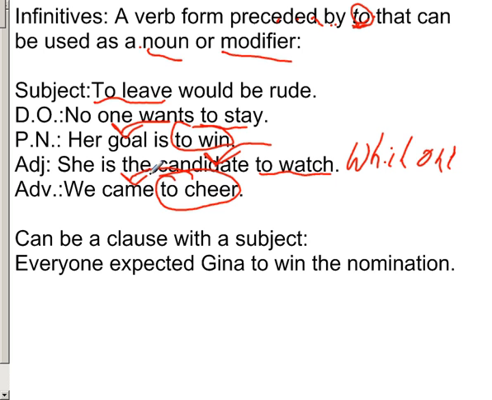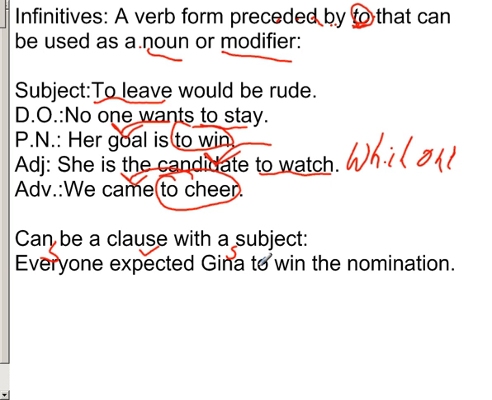Now the interesting thing too about infinitives is they can also be used in a clause. In this sentence, "Everyone expected Gina to win the nomination," we look at our verb first, remember how we do that? And then the subject, everyone expected, and then here we have Gina. Well, what's Gina? Gina is actually the subject of a clause that cannot stand on its own, so it's a subordinate clause.